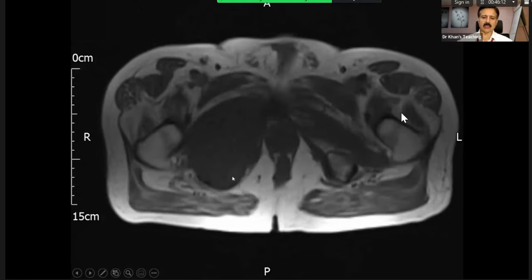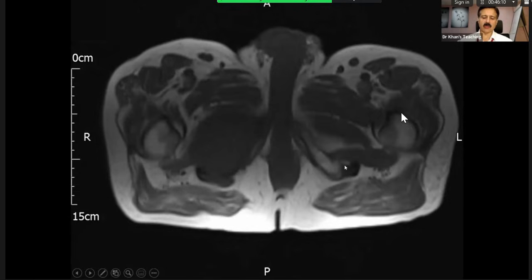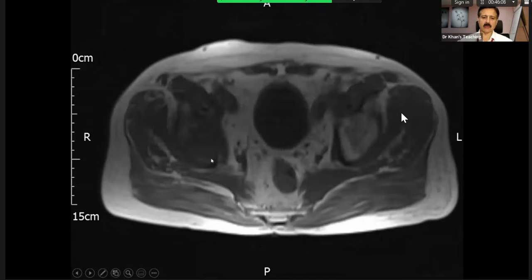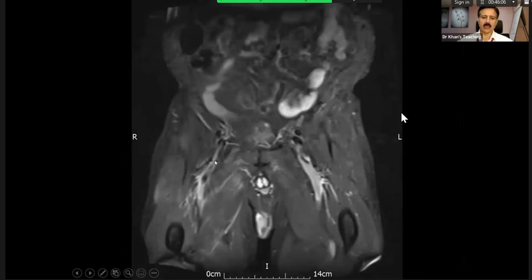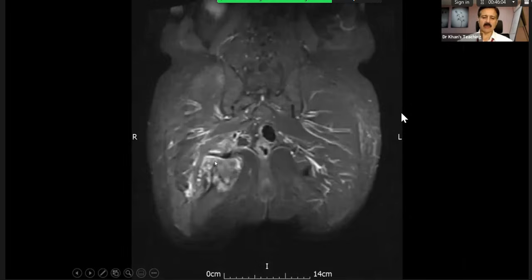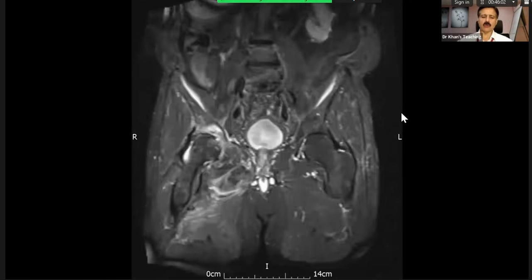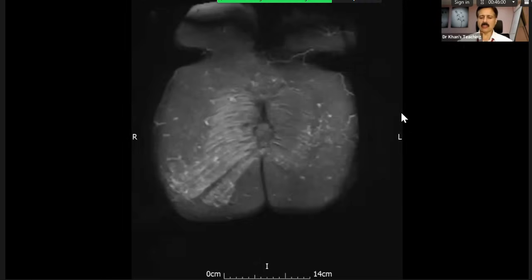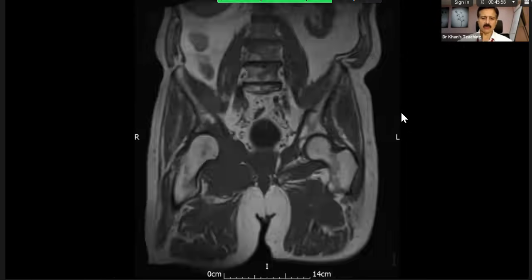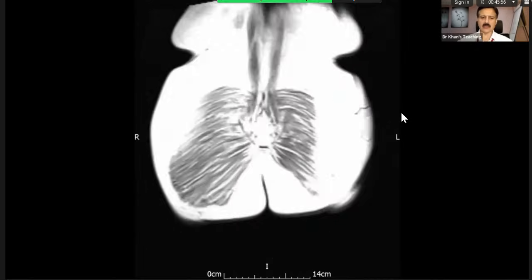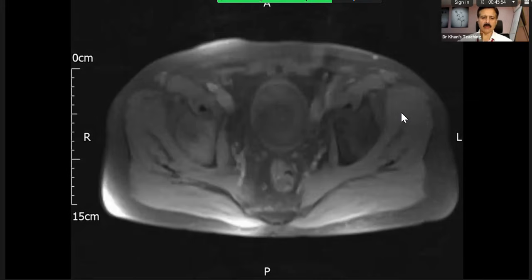Of course, the inferior ramus, the ischial tuberosity, the acetabulum, everything is involved. And then the same thing. I've given you too many sequences. Usually they will just give you 2 or 3 sequences, and maybe just axial.